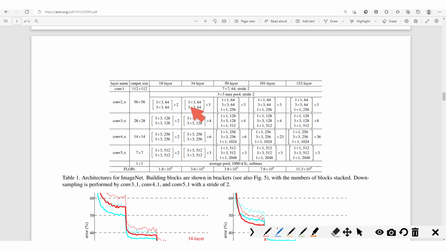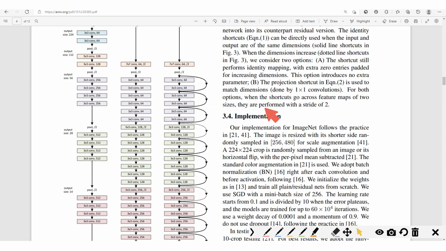And before we move on, also note that this ResNet block, as you can see here, is composed of two conv layers for the 34 layer, while from the 50 to 152 layers, the ResNet blocks are composed of 3 conv layers, as you could see right here.